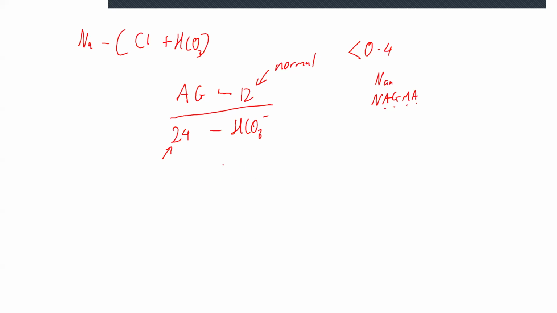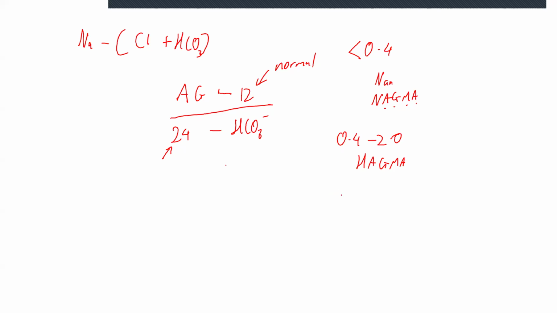Now in the second situation, your delta delta is between 0.4 and 2. In this case, what you have is a high anion gap metabolic acidosis, but no other disorder, because it's not quite high enough to be another disorder.